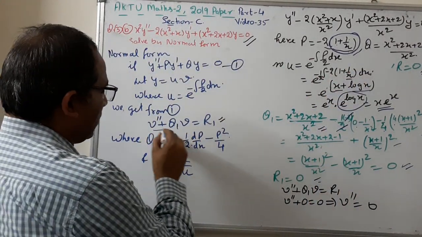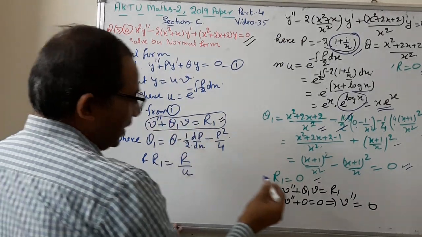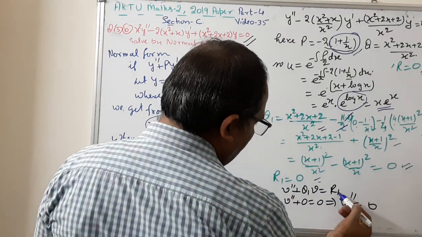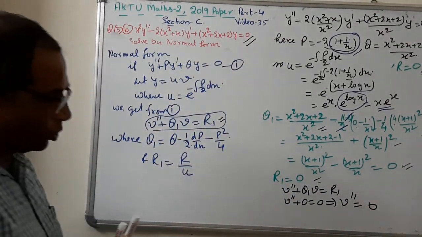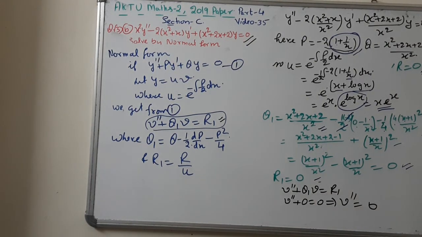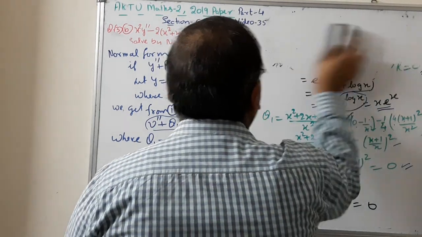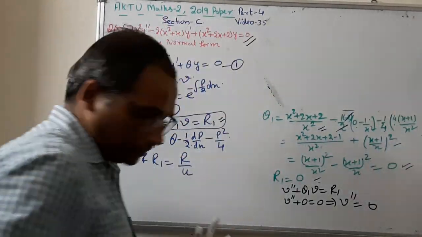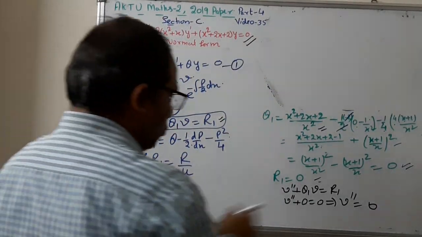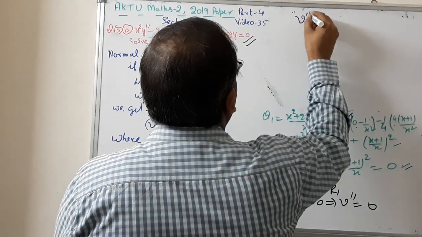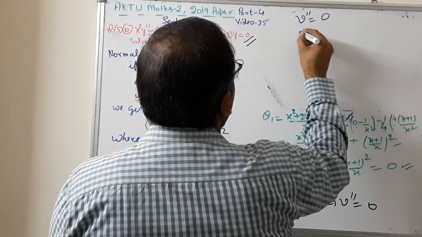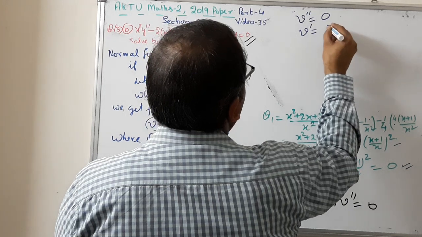So put in this equation, we get v double dash plus q1 v equal to r1. Because q1 and r1 both are 0, we get v double dash is equal to 0. Integrating one time, we get v dash is equal to c1.